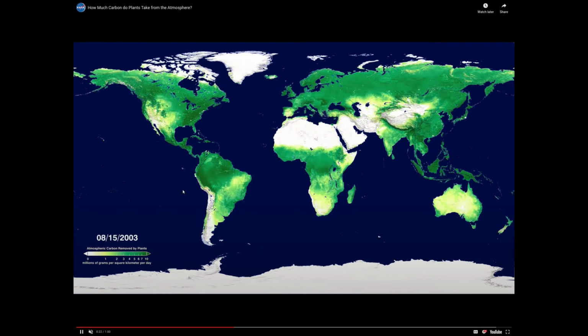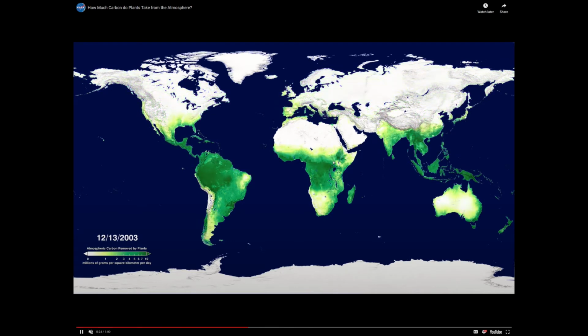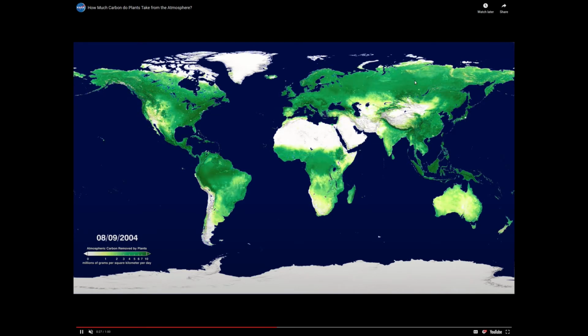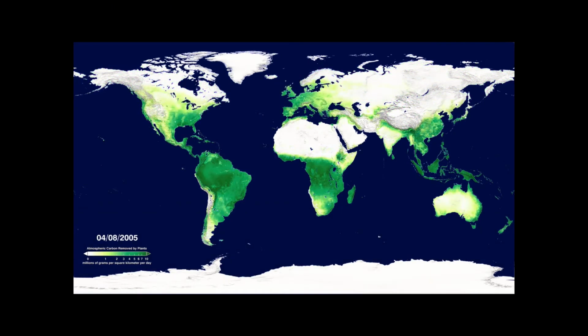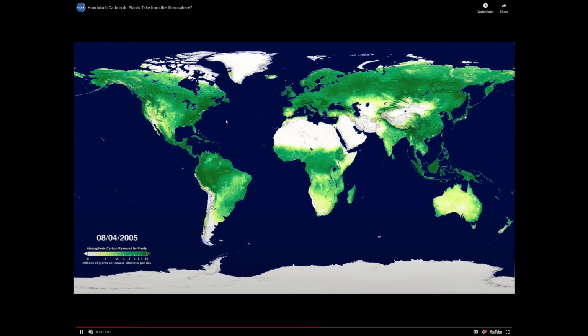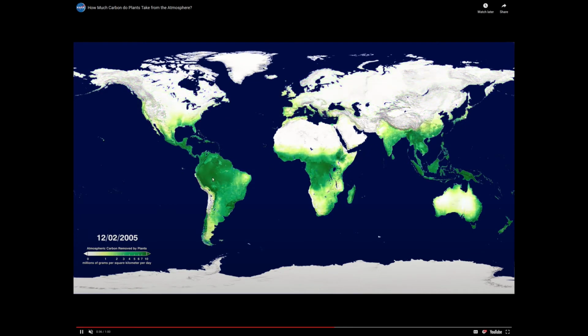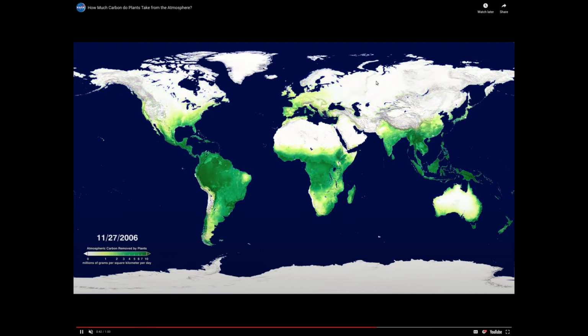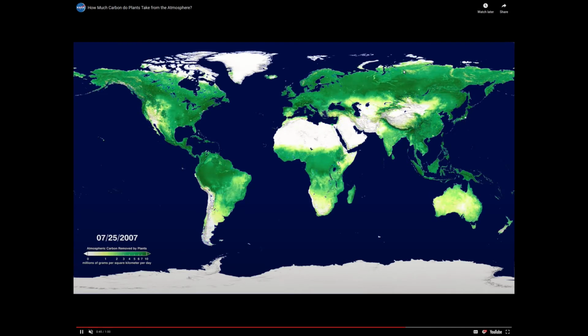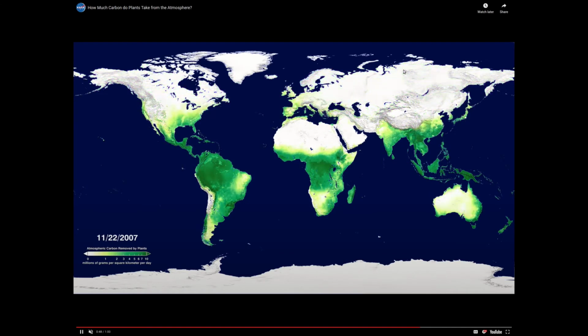What we're looking at is spring into summer, into fall, winter, back to spring and summer, winter, spring, summer. So you can see, for example, the shifting position of the sun as the plants respond to long days and darkness, back to long days, back to darkness. You can really dramatically see it.